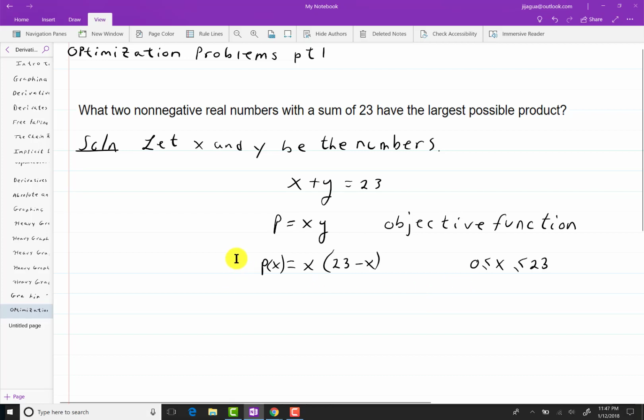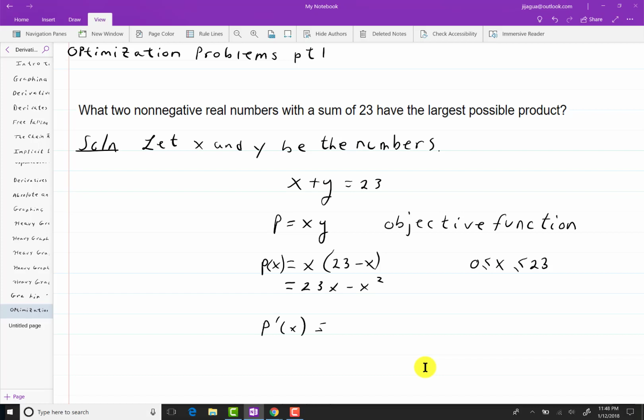We'll do the usual things that we were doing before. If I want to find the maximum, I'll go ahead and take the derivative. So P prime. Oh, actually, before I do that, I don't want to use the product rule really. What I'm going to do is multiply first through by x. So I get 23x minus x squared. That makes taking the derivative very simple.